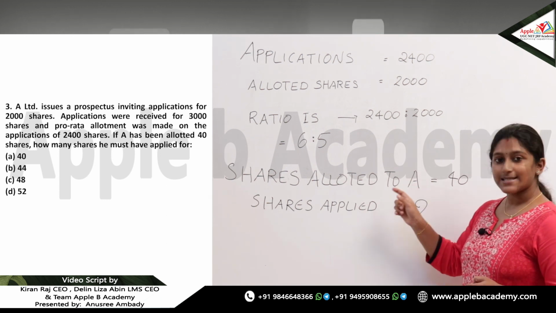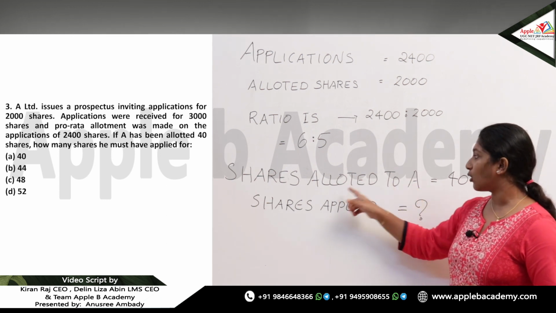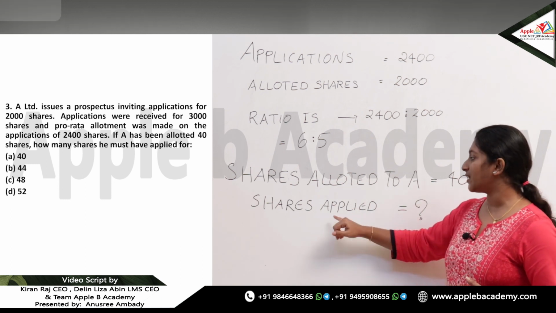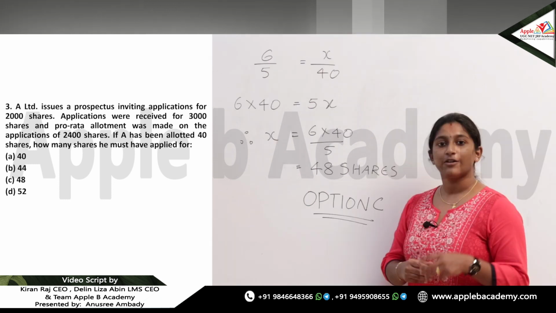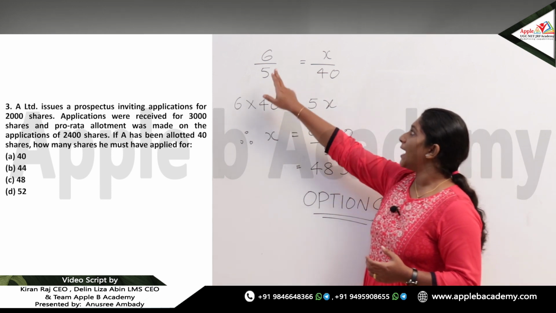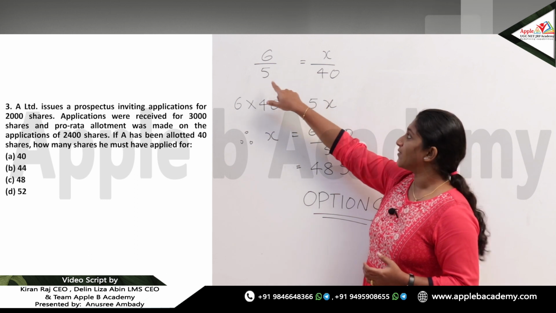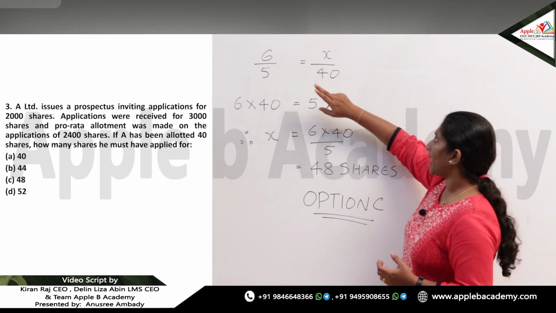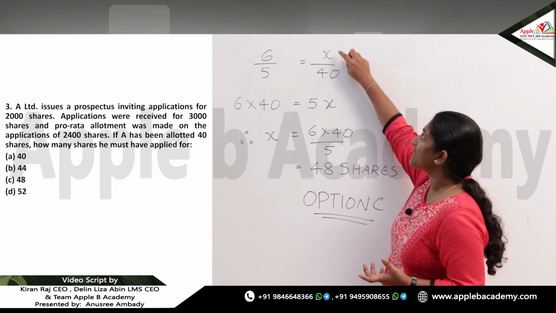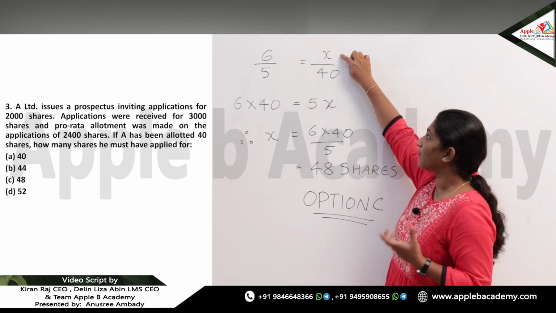In the question, it is said that Mr. A has been allotted 40 shares and we need to calculate the number of shares for which A had applied. We have already calculated the ratio, that is 6 is to 5. That means a person who applied for 6 shares will get 5 shares. In the case of A, he has got 40 shares and we need to find X, the number of shares for which A has applied.